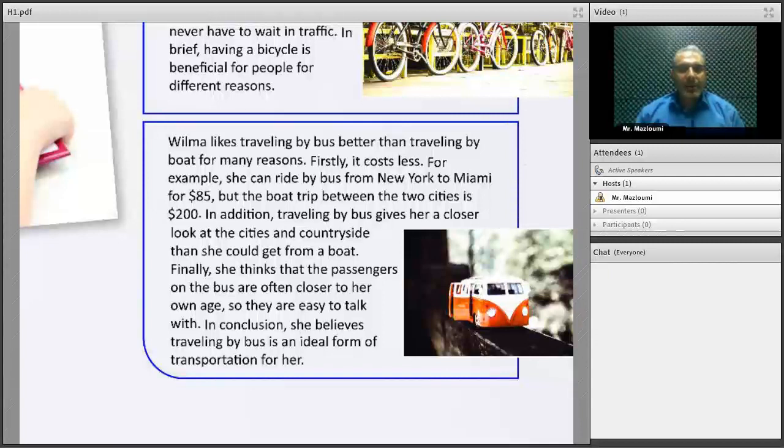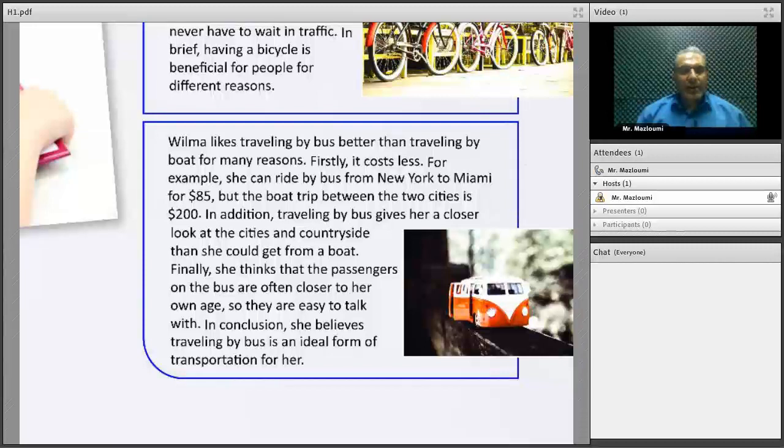For example, she can ride by bus from New York to Miami for $85, but the boat trip between the two cities is $200. Okay, so this is our first supporting idea. So Wilma likes and so on is a topic sentence. Firstly is our first supporting idea.